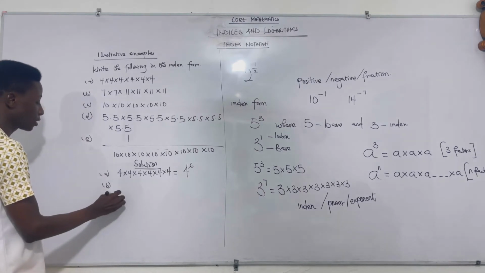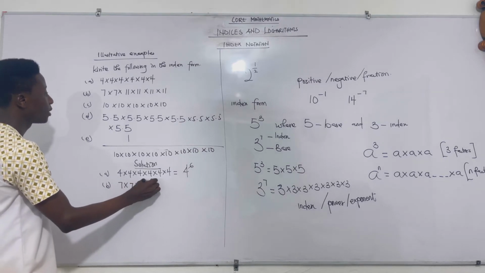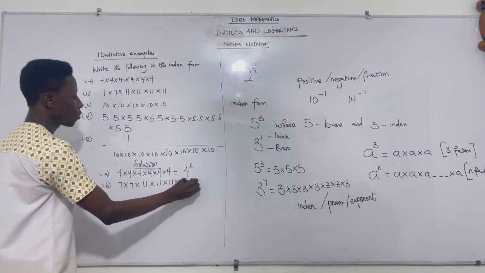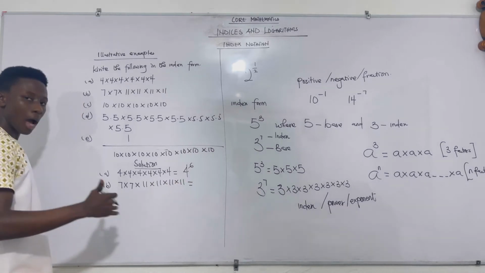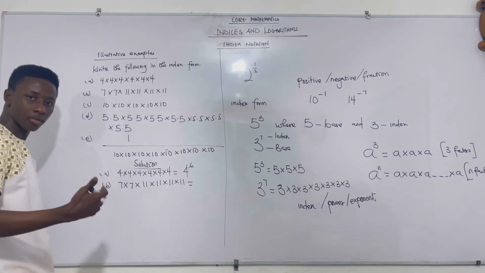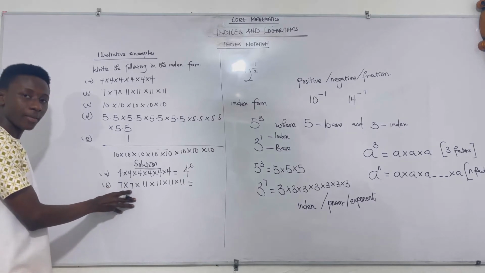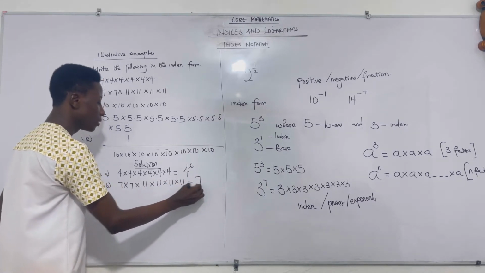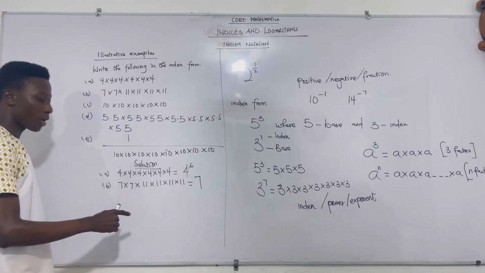Let's take a look at the next question: 7 times 7 times 11 times 11 times 11 times 11. We have two different numbers occurring many times. We have 7 here, and then 11.